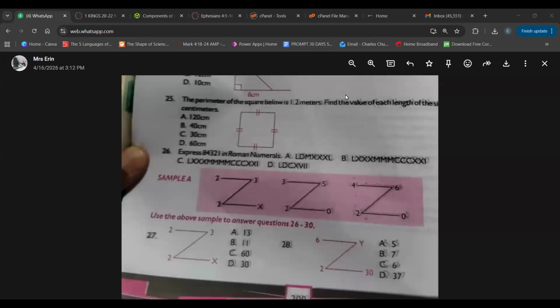Who can remember the formula for the perimeter of a square? What is the formula for the perimeter of a square? Remember, a square has 4 equal sides.